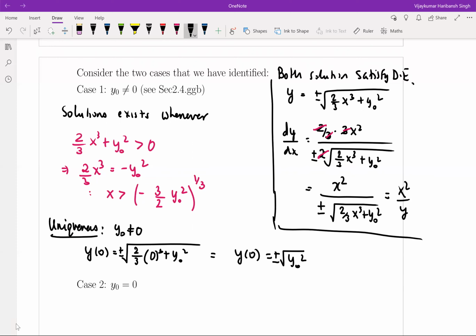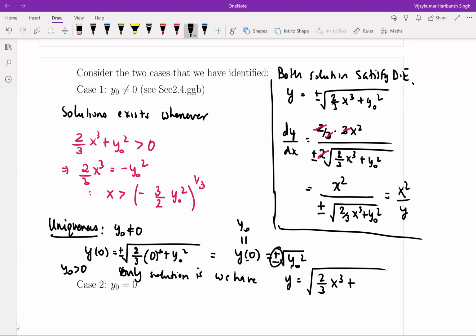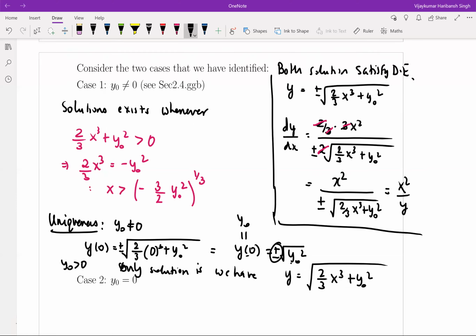So if your y naught was greater than 0, then the only solution is to take the plus sign, because both of them should agree. So this sign should be chosen as plus. So if y naught is positive, then y equals the square root of 2 by 3 x cubed plus y naught squared is the unique solution.